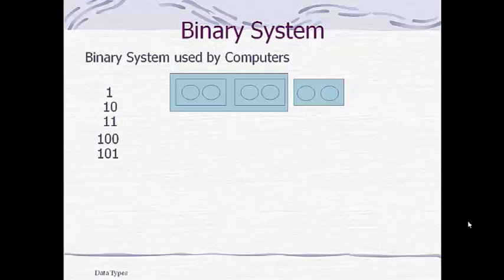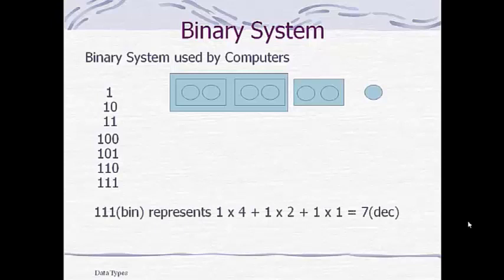So we have one box of 4, one box of 2 and no singles, so 1, 1, 0. If we add one more, then there is one single, so now it becomes 1, 1, 1. So in effect it represents 1 into 4 plus 1 into 2 plus 1 into 1, that is 7 in decimal system.